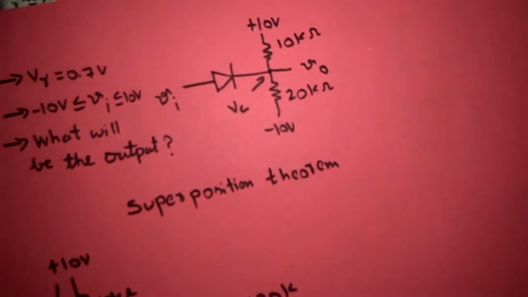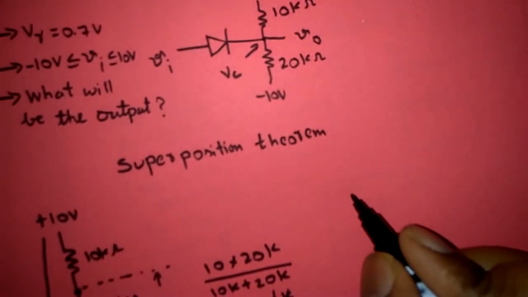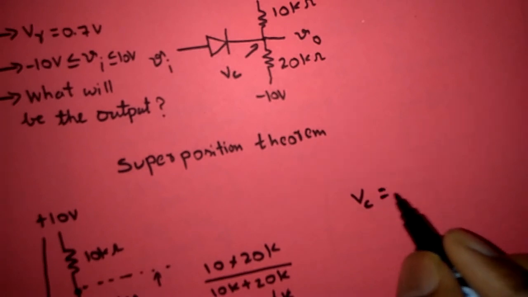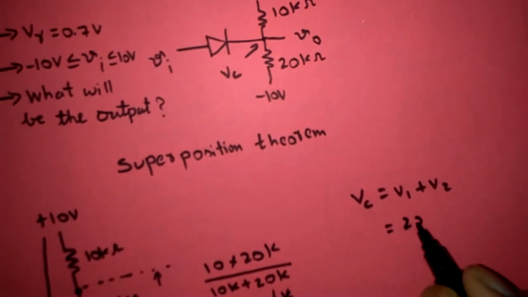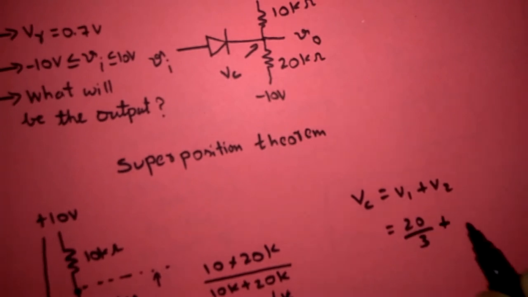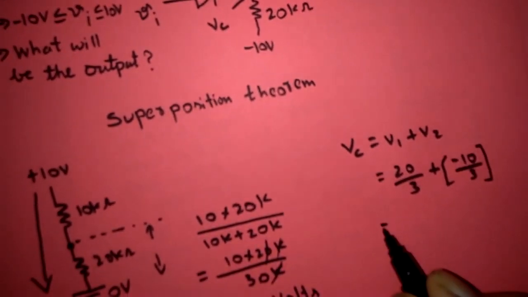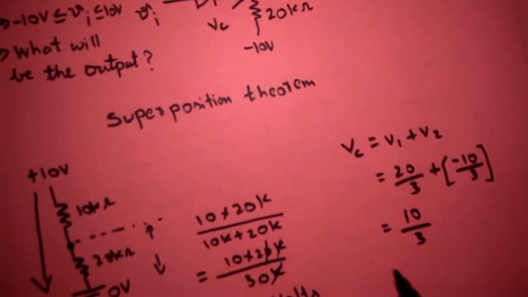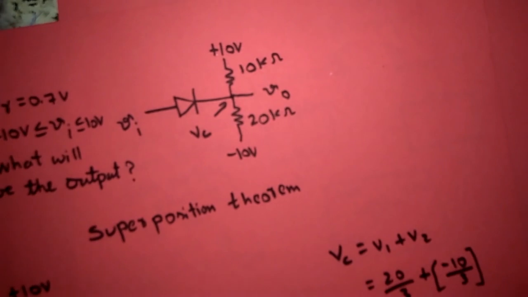So I have to mention V suffix C equal to V1 plus V2, where V1 is 20 by 3 and V2 is minus 10 by 3. So if I simplify this, I will get 10 by 3, that is 3.33 volts. So this is the voltage at this point.